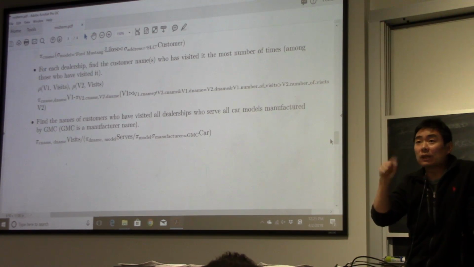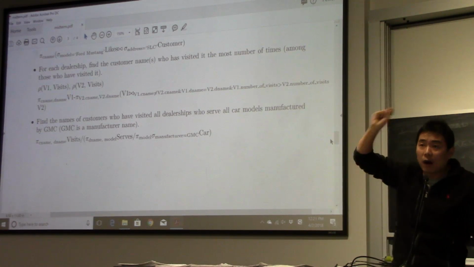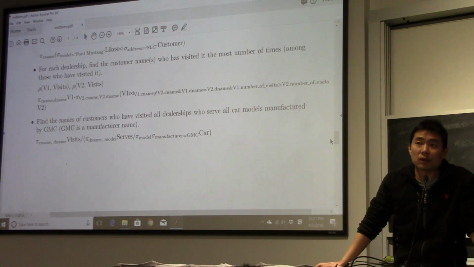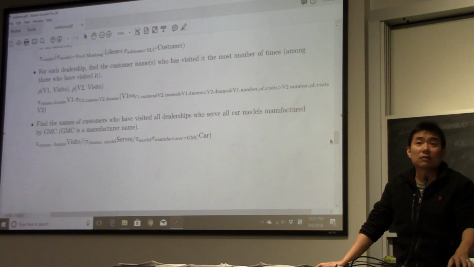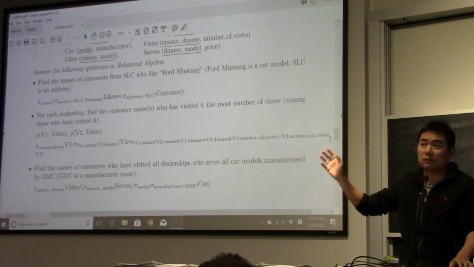That gives you the dealer who serves some model of GMC, but doesn't give you the dealer name who serves all models of GMC. So that obviously is wrong. In that case, I take half points off, like 5 points off. So that's this. This is just a simple, straightforward application of division. Okay?